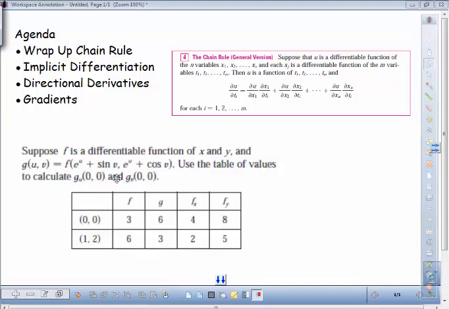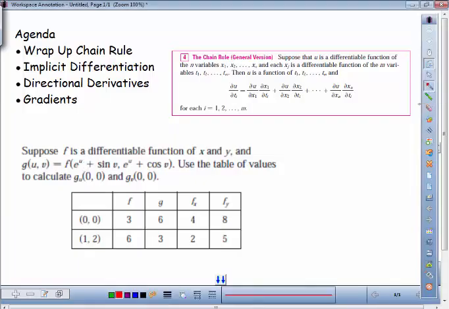So this is saying that G is a function of u and v, and then u is that first component, and then v is the second component. I'm sorry, not u, that's F, x and y.